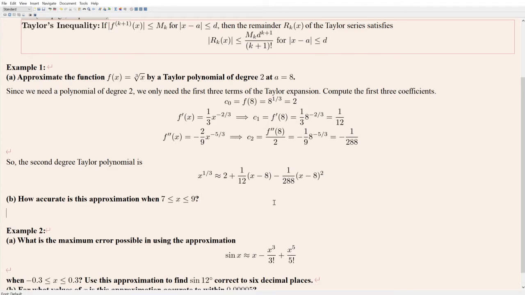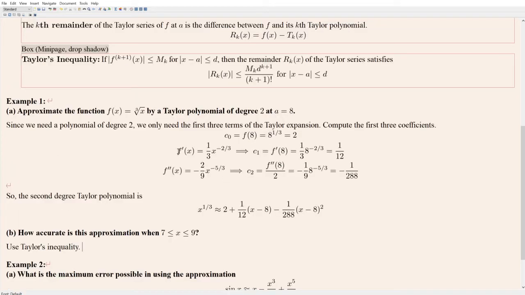So the alternating series theorem isn't going to work because this isn't an alternating series. It's positive, positive, minus. So we're going to have to use Taylor's inequality here. Let's see, what are the ingredients in Taylor's inequality?